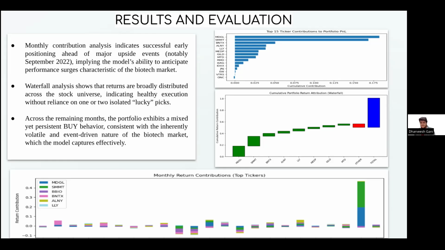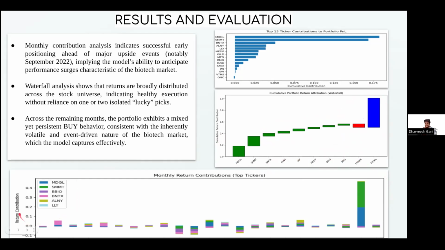But the model really does not bet on a single two or three stocks that performed luckily well. From the waterfall analysis, we can see that the overall returns, even though majorly contributed by two or three stocks, had a lot of other stocks also contributing significantly to the overall returns.